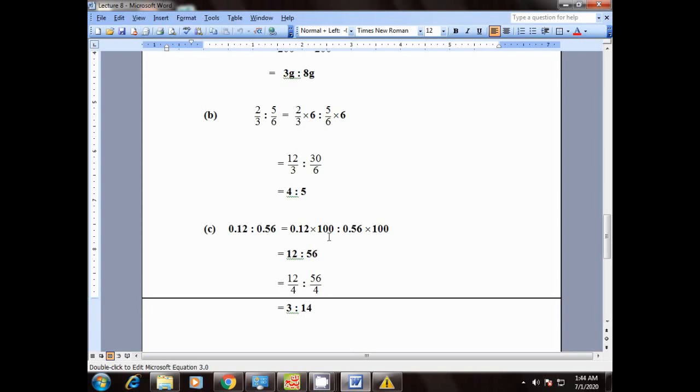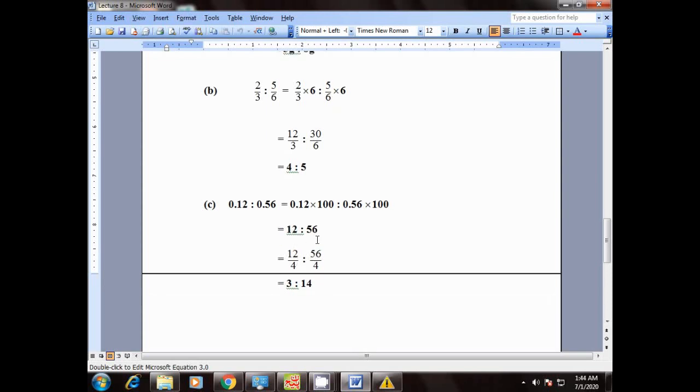Now let's multiply 0.12 by 100. Their product is 12. Same as if you multiply 0.56 by 100, the product will be 56. Now both 12 and 56 are multiples of 4.